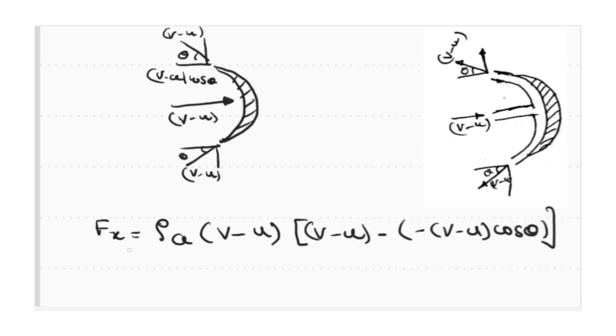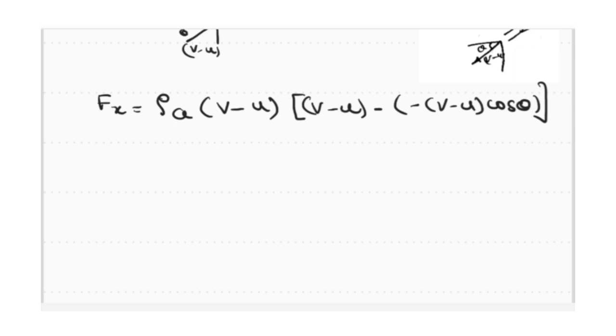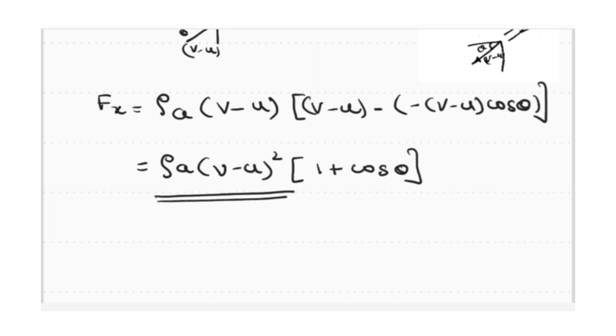Here v minus u is common, so taking the common things outside: rho into A, v minus u is already here, so I will take one more v minus u outside the bracket. So (v minus u) into (v minus u) is (v minus u) whole square into (1 plus cos theta).